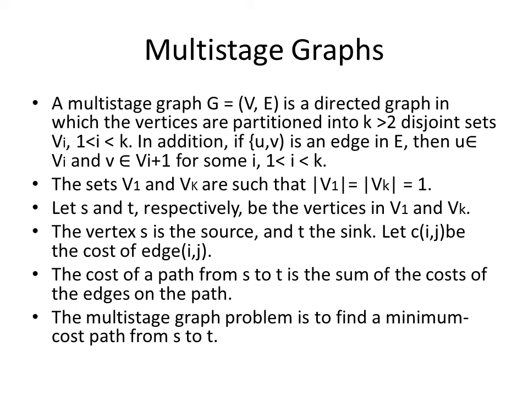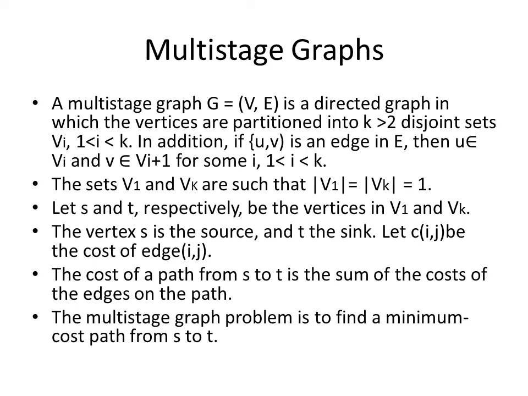The sets V1 and Vk are such that |V1| = |Vk| = 1. That is, the first stage and the last stage have single vertices. The first stage is usually called the source S, and the final stage Vk is called T, the sink.